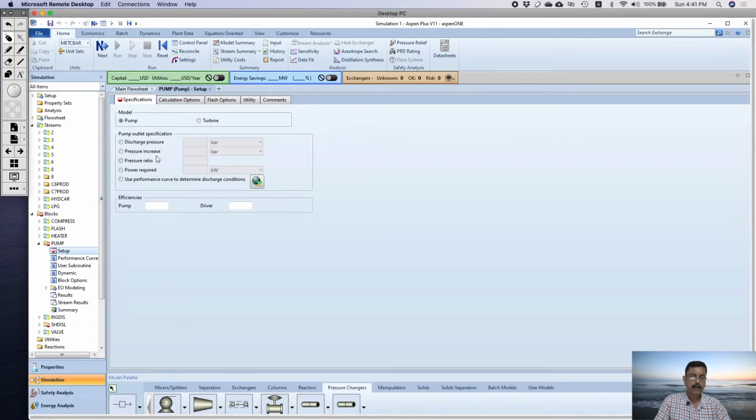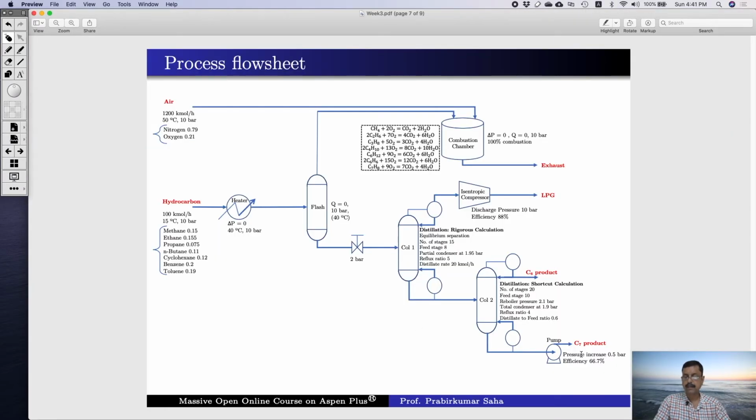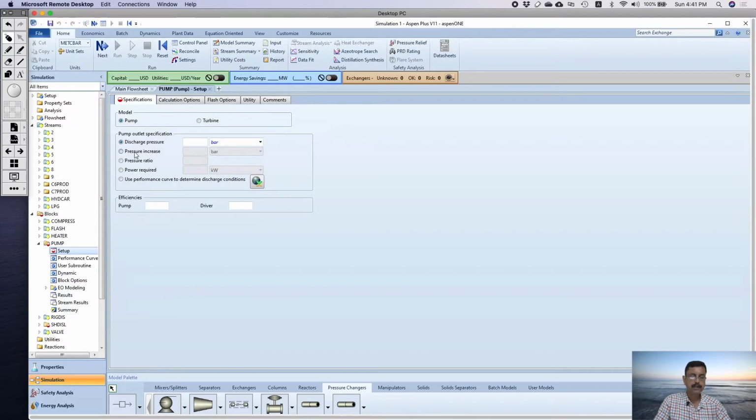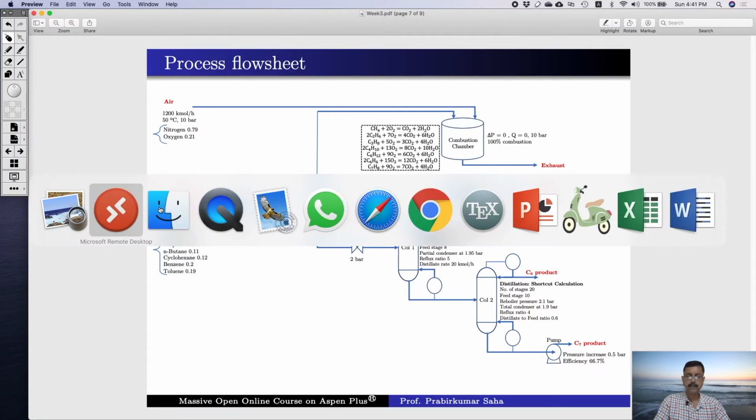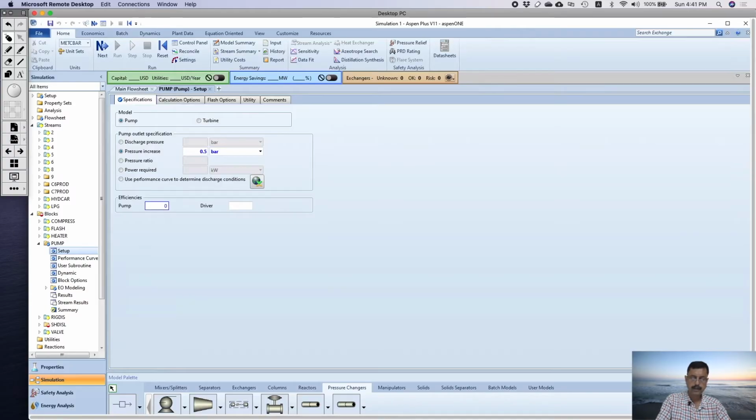It doesn't have discharge pressure, it says increase in pressure, so we write 0.5 bar. This much is sufficient, but still we can give the efficiency of the pump, which is 66.7%, so it is 0.667. Let us press next.